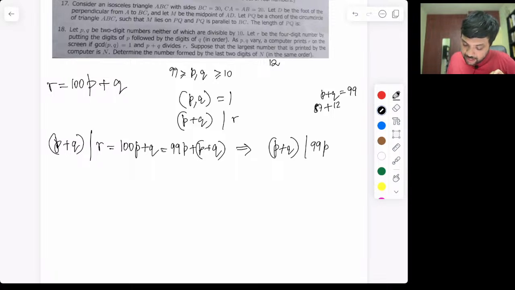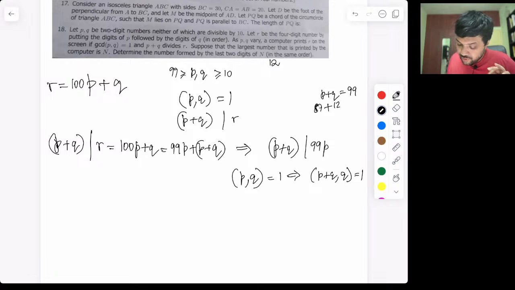Now GCD of p comma q is 1. By Euclid's division lemma, you can add multiples of q to p and the GCD will still remain 1. So because of which p plus q and p have no common factors.